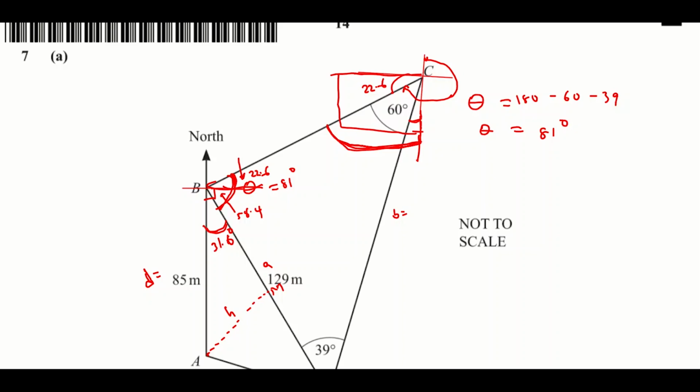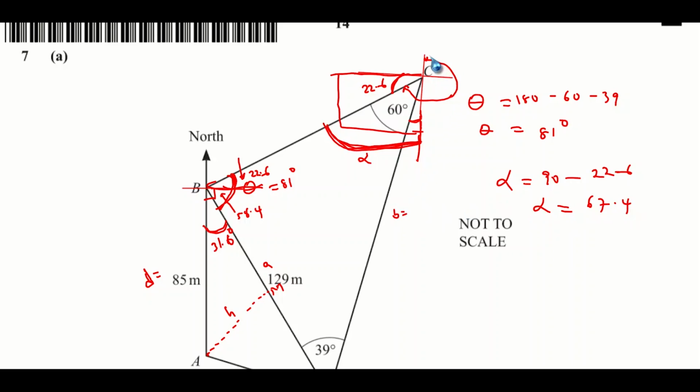Let me call this angle, from here to here, alpha. So alpha will be equal to 90 minus the small one here, 22.6, then alpha is equal to 67.4. So I can now get my bearing.